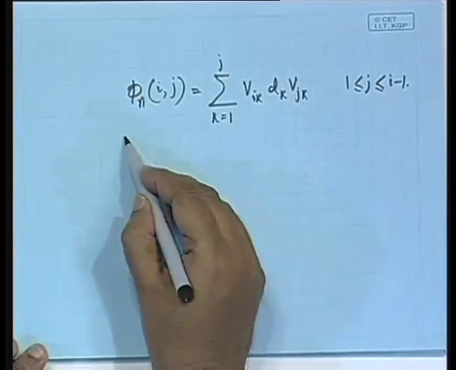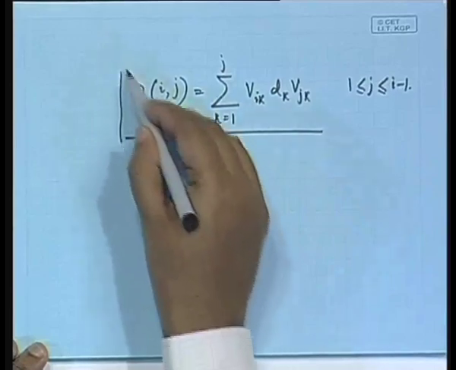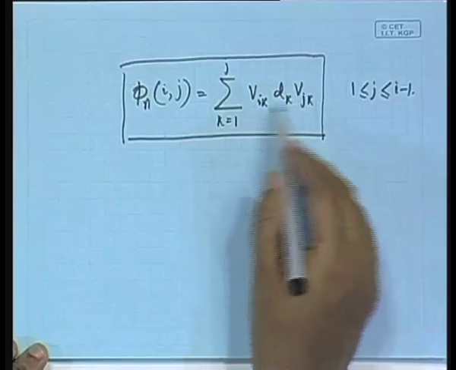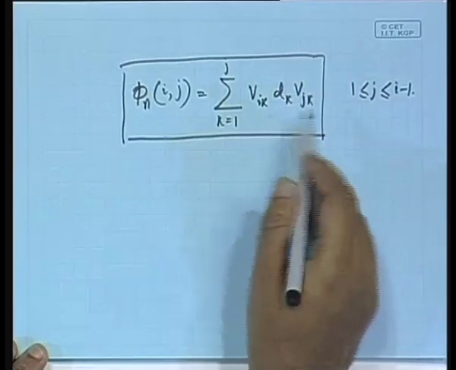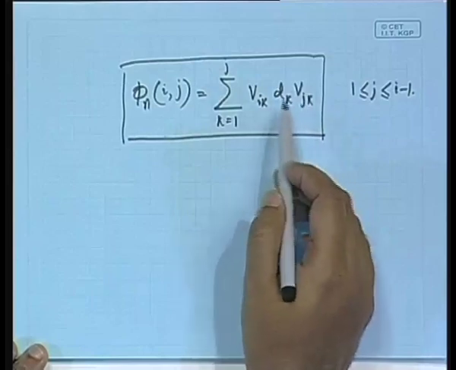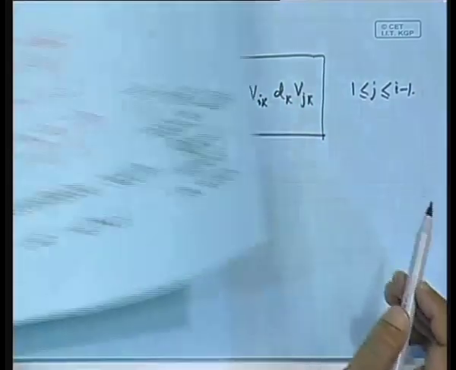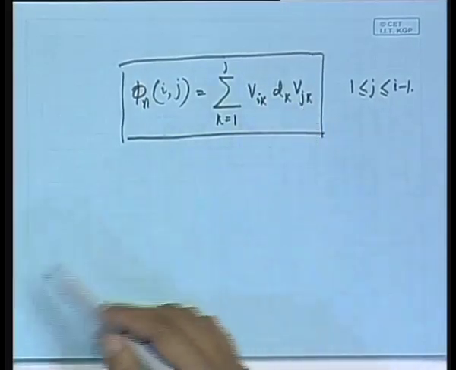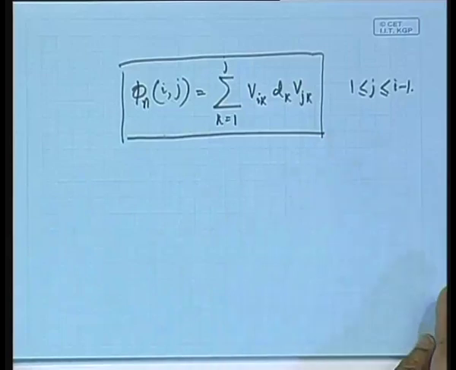So this is the ijth element of the phi matrix being equated to the corresponding part of the product matrix, that is V D V transpose, whose equivalent ijth element is being written here, and that will give us a starting point to solve for the elements of this V matrix and the elements of the D matrix.